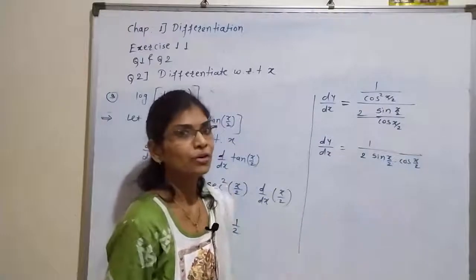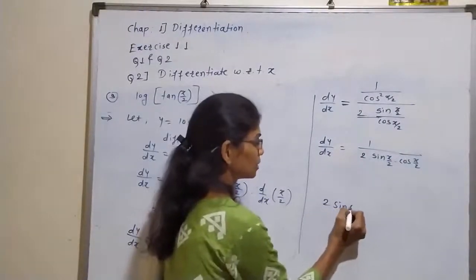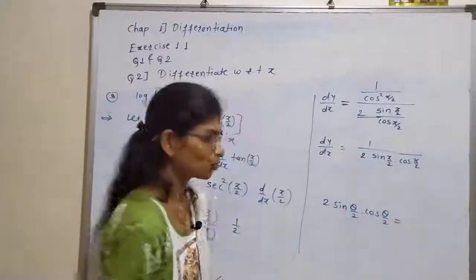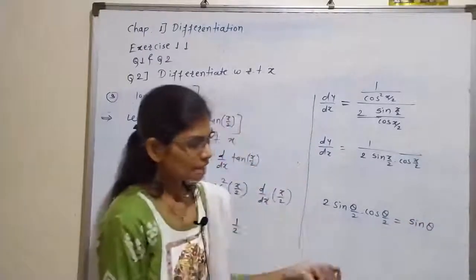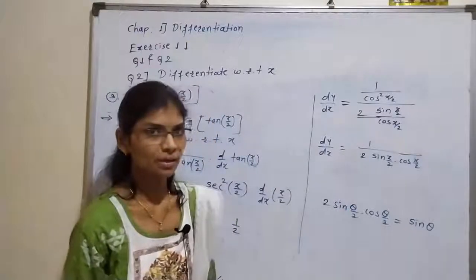Therefore the answer is 1 divided by 2 into sin of x by 2 multiplied by cos of x by 2, and we know the half angle formula: sin theta is equal to 2 into sin theta by 2 into cos of theta by 2.